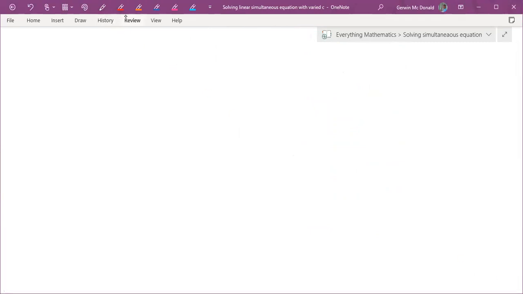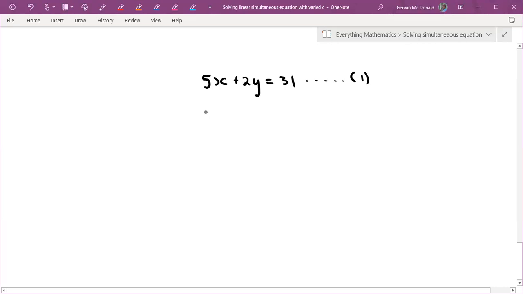Let's try one more, a last one. I want to get rid of y's. So we've been handling x right through. Let's do y now. So we have 5x plus 2y is equal to 31. That's equation 1. And then instead, I think I wrote the wrong thing.